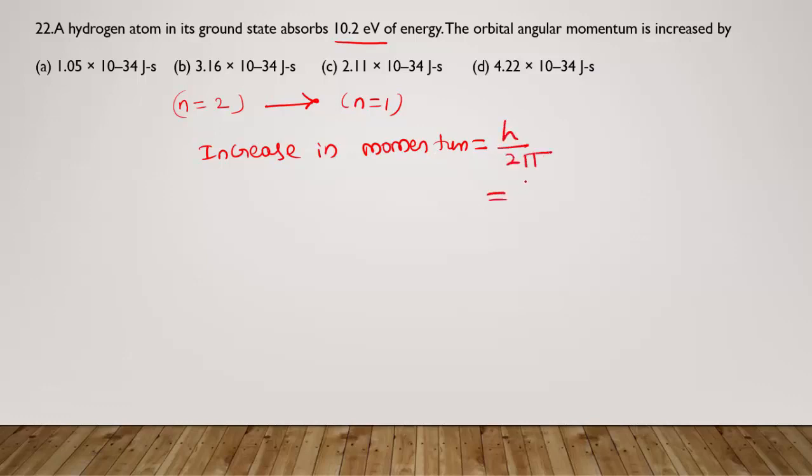You substitute the value of Planck's constant, 6.6 into 10 to the power of minus 34 divided by 6.28. You get the answer 1.05 into 10 to the power of minus 34 joule second. Option A is the right answer.